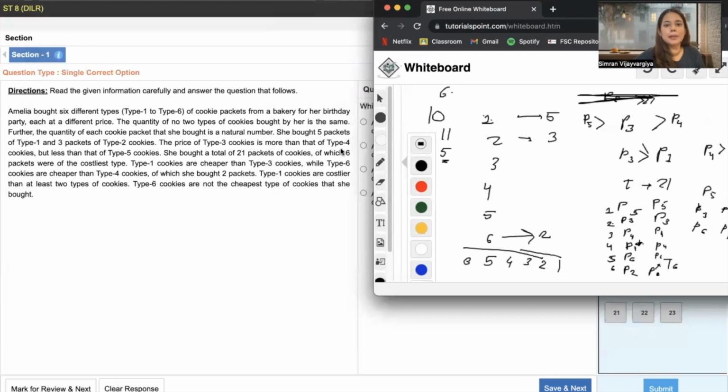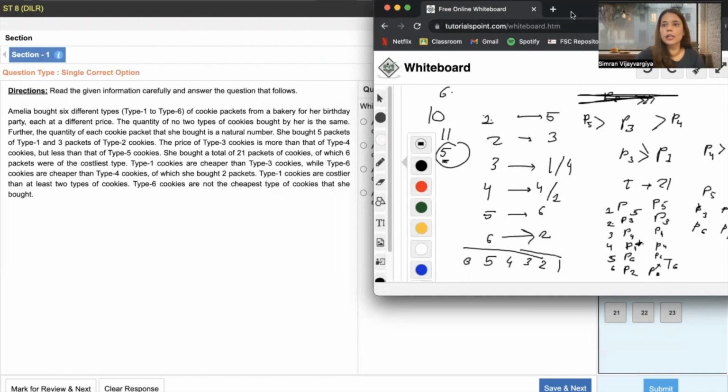Okay, she bought 6 packets of the costliest type. So costliest is P5. So for P5 we have 6 packets. Hence, this becomes 1 or 4, dividing 5, the remaining number of cookies. And this becomes 4 or 1.